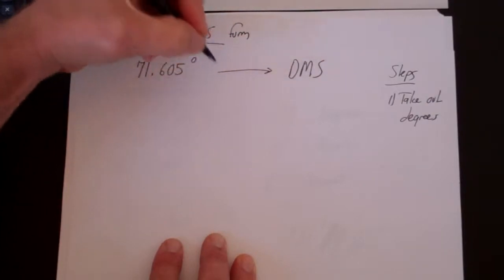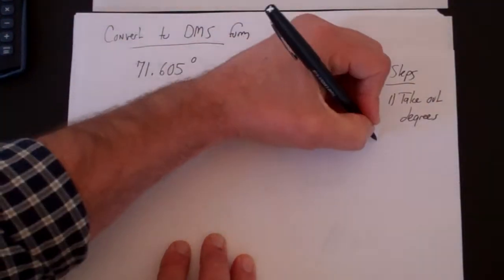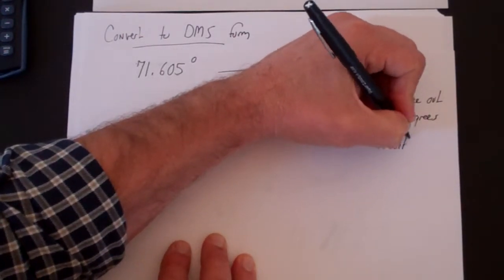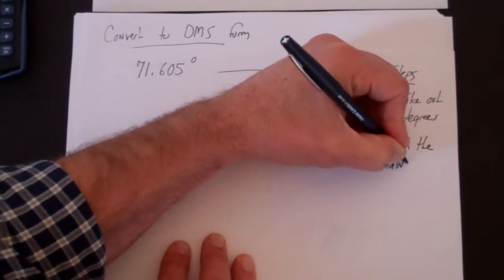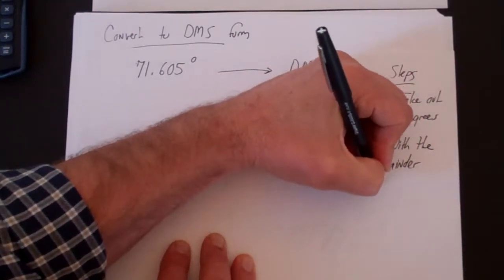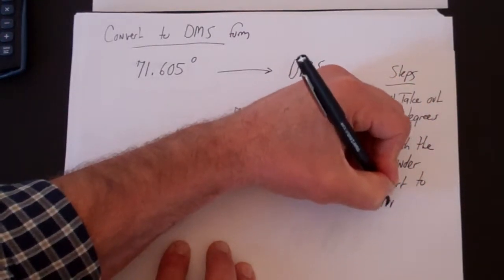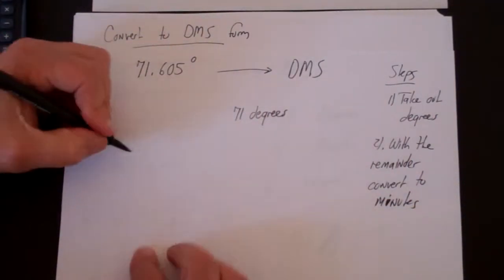So that is 71 degrees. Step 2, with what's left, with the remainder, in decimal form, convert to minutes. So what's the remainder? The remainder is 0.605.